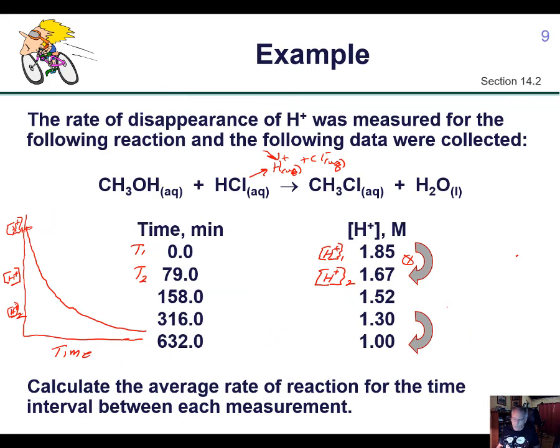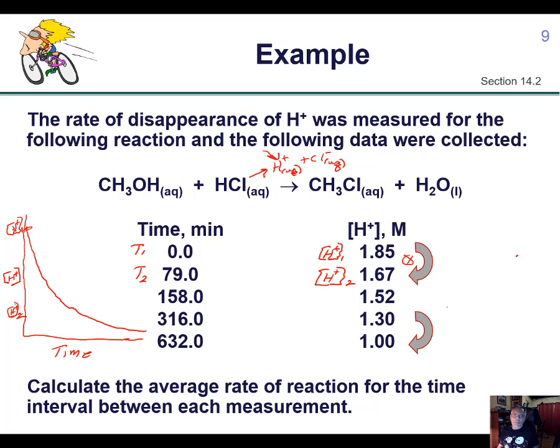Okay, so let's examine the way a reaction slows down quantitatively as a reaction proceeds. This is describing the rate of disappearance of hydrogen ion measured for the following reaction, and the following data were collected. So this is a real-world scenario of actual data that might have been collected from this reaction.